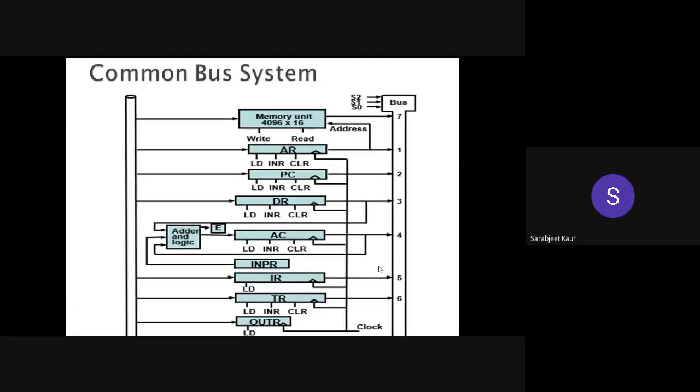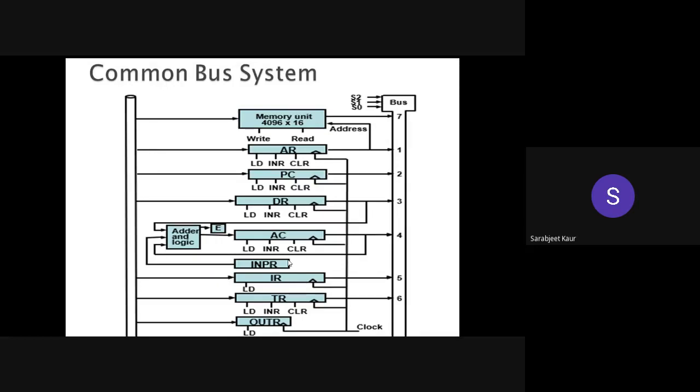So the idea behind putting a clock is that we are all able to put the contents from the bus into the registers at the same time. So the entire unit looks and behaves as a complete system, which works at the same time. That is the importance.